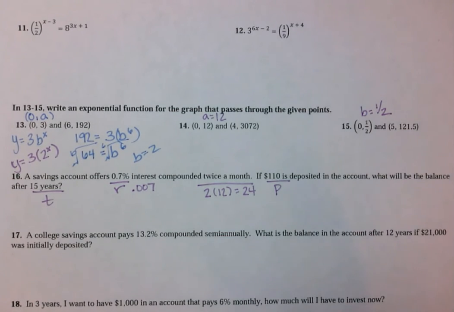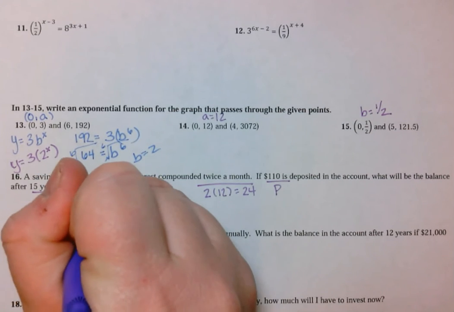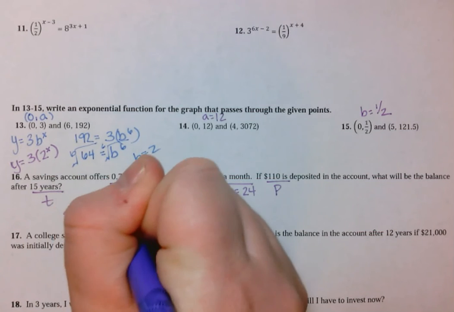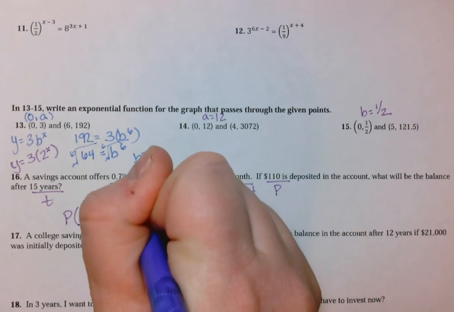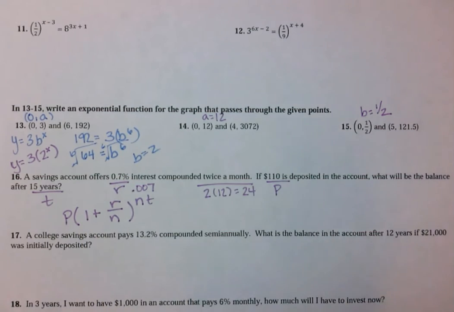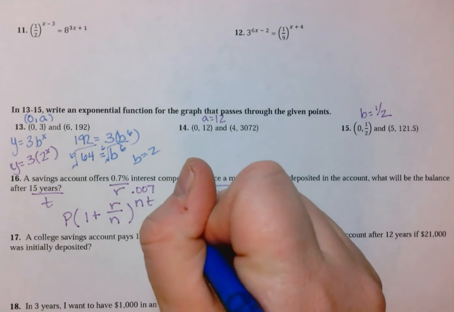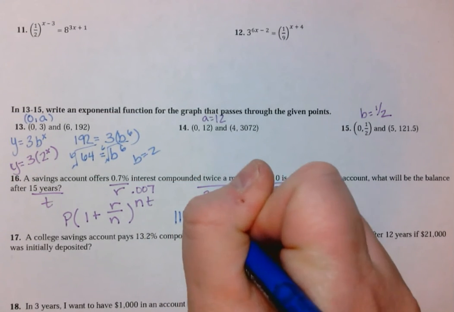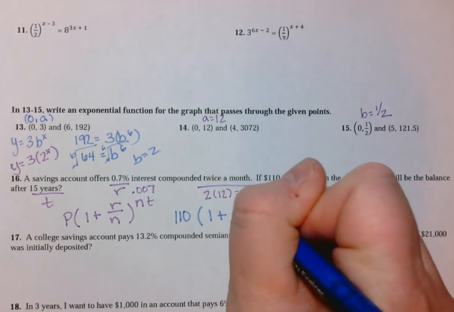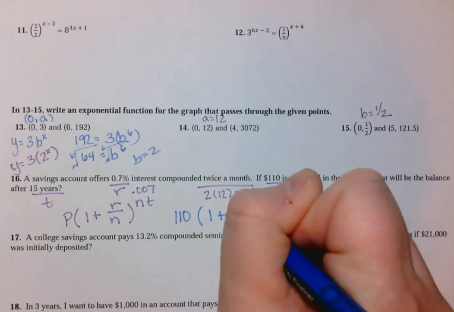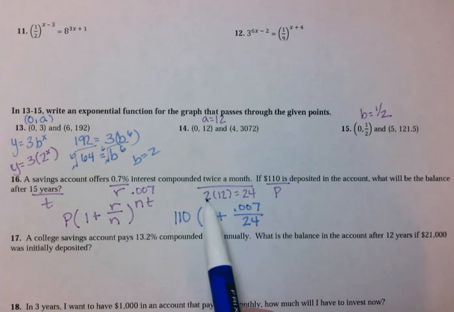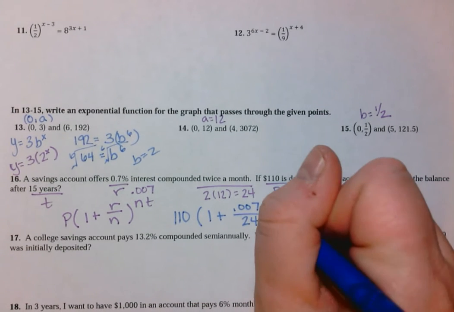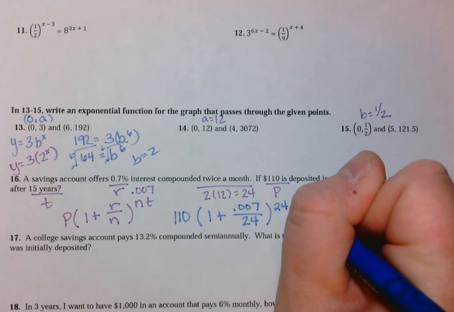So the formula which we will give you is your principal times 1 plus your rate divided by the number of times compounded, to the power of n times T. So you just plug things in. So this would be 110 times 1 plus 0.007 divided by 24, because it's twice a month. Twice times 12 months is 24, and then 24 times 15.